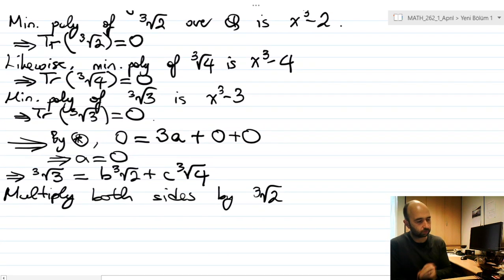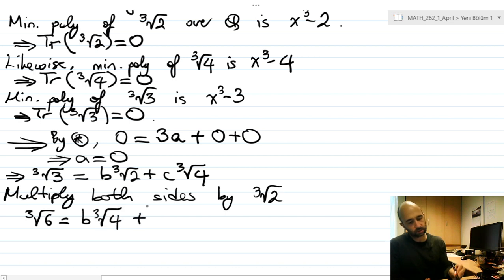Okay, what does that give you? You'll have cube root 6 here equals b cube root 4 plus, okay, cube root 8, but that's 2, so you get a rational number, so 2c. Now, play the same game, take traces.